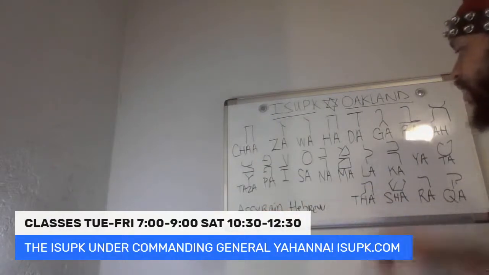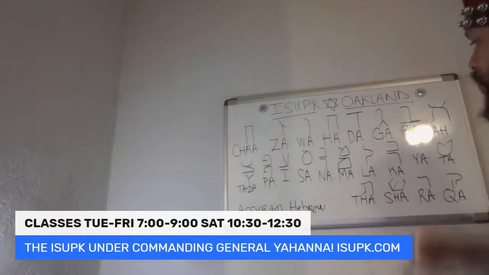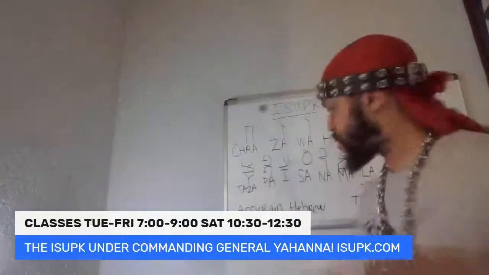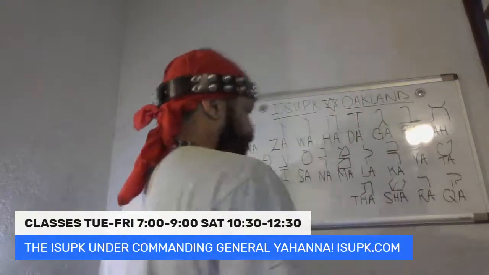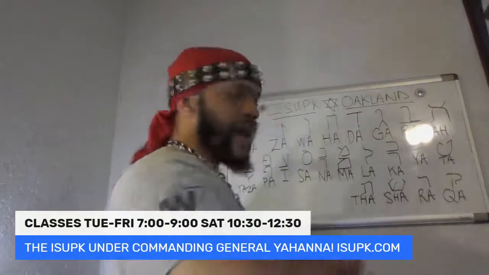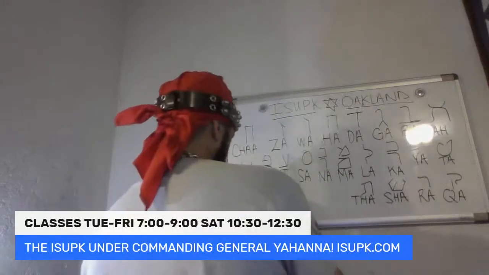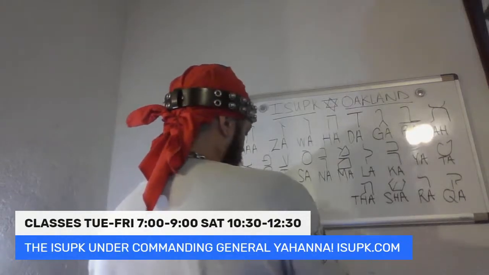These are two different symbols. Matter of fact, let me separate them, that can be confusing. I'll just do each one real quick. With Ka, when it's anywhere but the end, it'll look like this one.